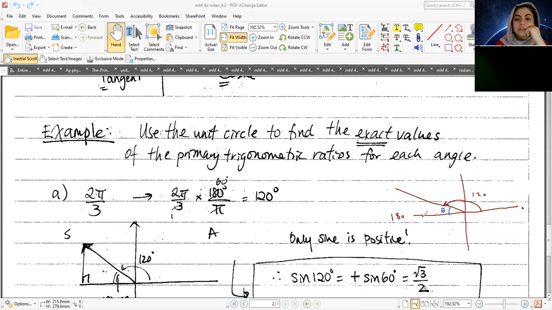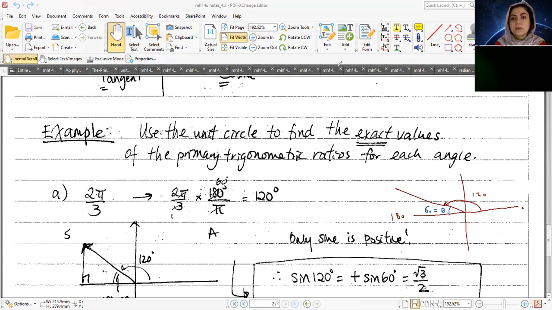Since the total is 180 and from here to here is 120, 180 minus 120 is what? It is 60 degrees. You understood?